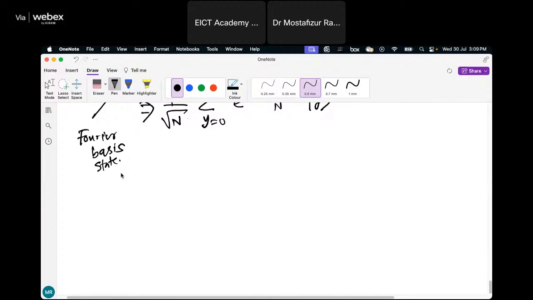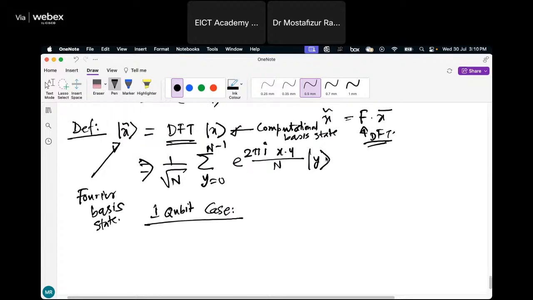Now, to implement the n-qubit case, let's again start with the single qubit case first, and follow this definition.